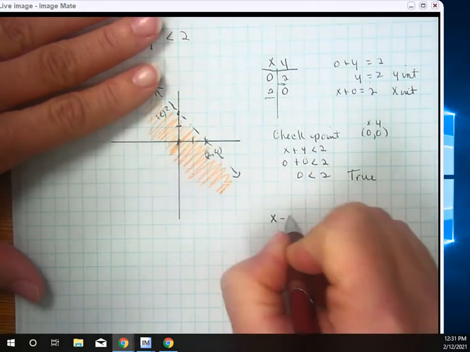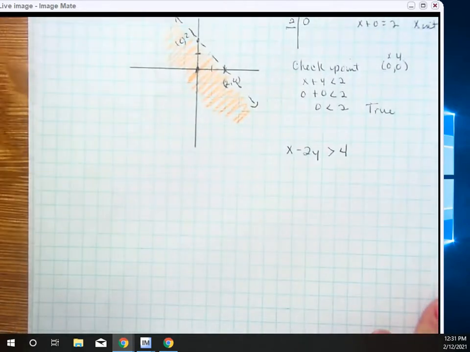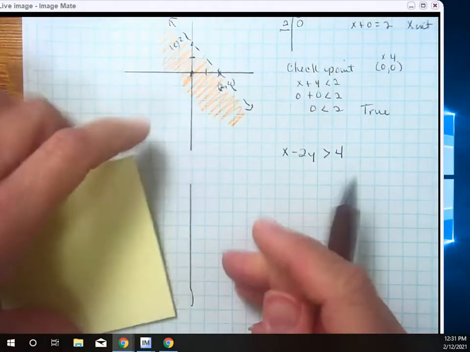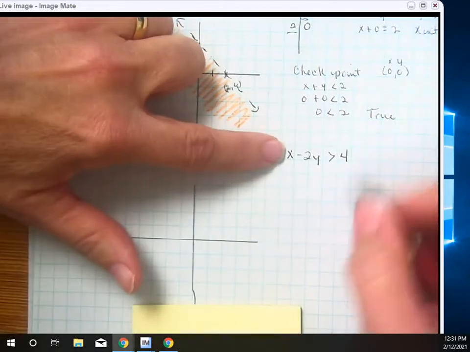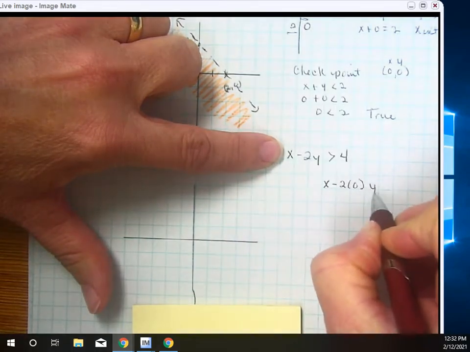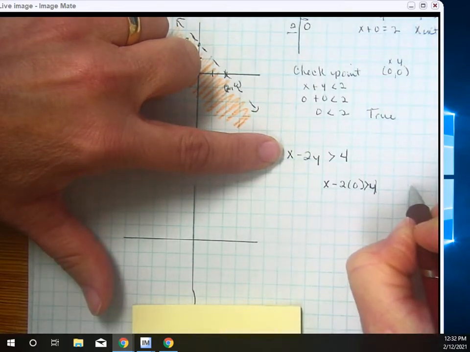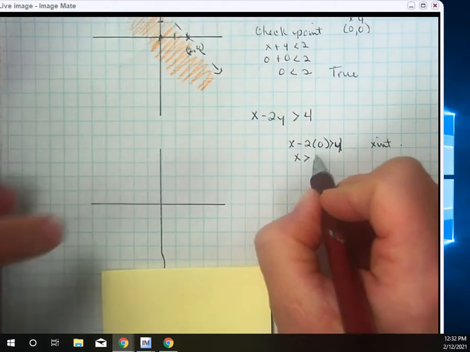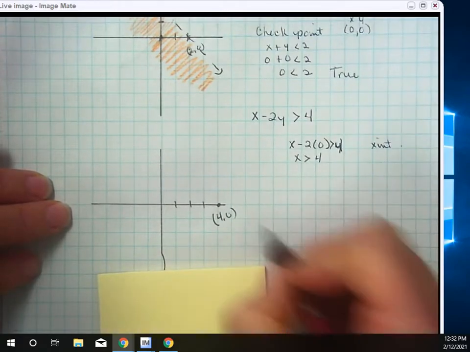x minus 2y is greater than 4. I'm going to draw my x and my y. Again, I'm going to use the x-intercept and the y-intercept. To find the x-intercept, I substitute in a 0 for the y, and x is greater than 4, so my point (4, 0) is on the x-axis.